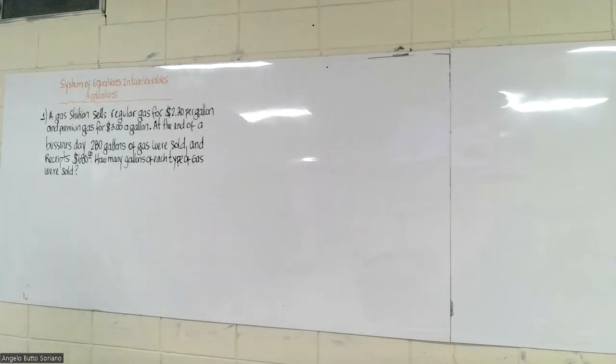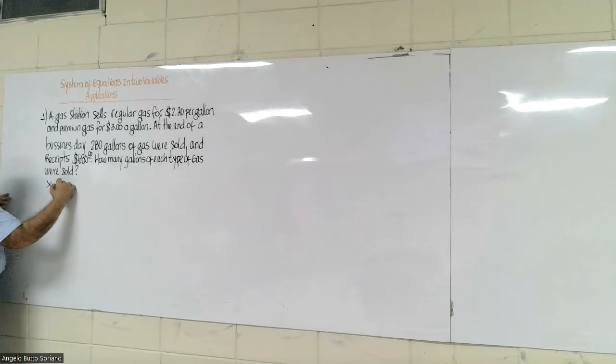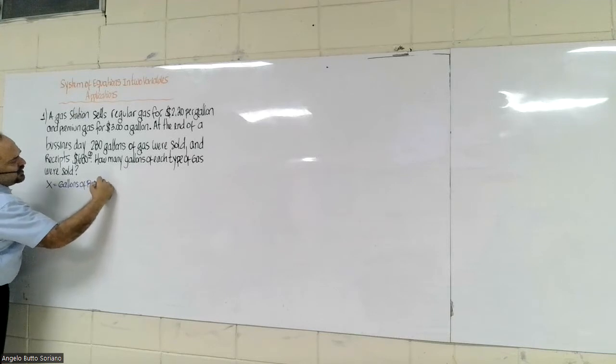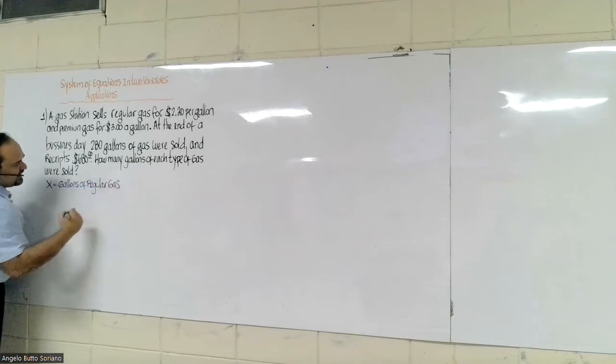Obviously, this is a system of equations in two variables because we have two kinds of gas, premium gas and regular gas. The first thing we must do before establishing the system of equations is identify what variables we're going to use. For example, the classic variables X and Y, but you can use any letter you wish. X will represent gallons of regular gas.